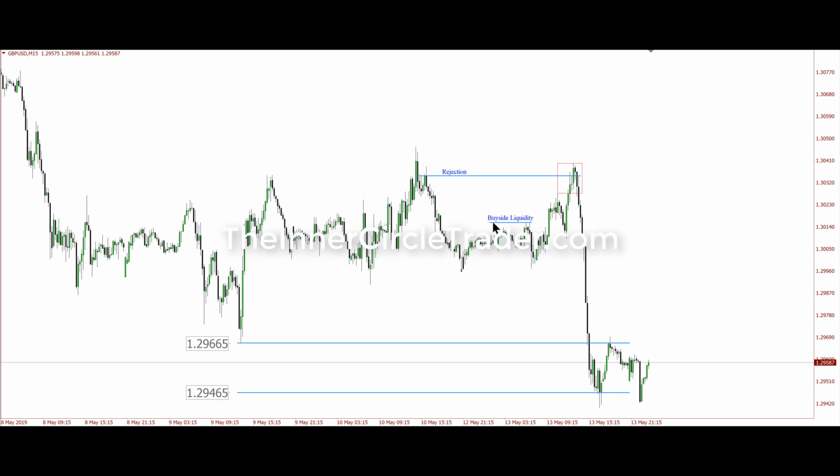What I've outlined is the buy-side liquidity pool, and then we have a buy-side liquidity pool here, a single high liquidity pool, and this is a multiple high or double high liquidity pool. Either one will operate the same way.